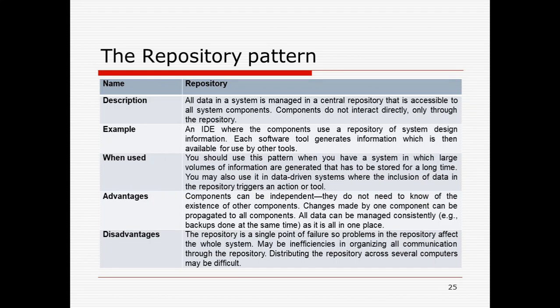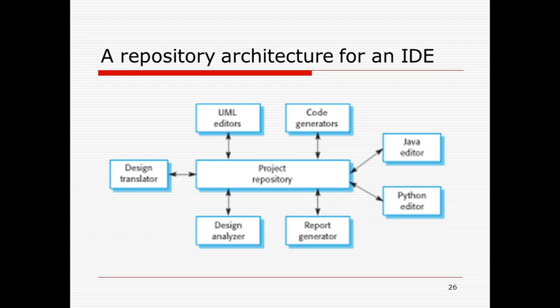Distributing the repository to all the connected components may be difficult. Here, the repository architecture is applied to the IDE, as defined in the example in the description part. When we develop an IDE using the repository pattern, this can be the model.